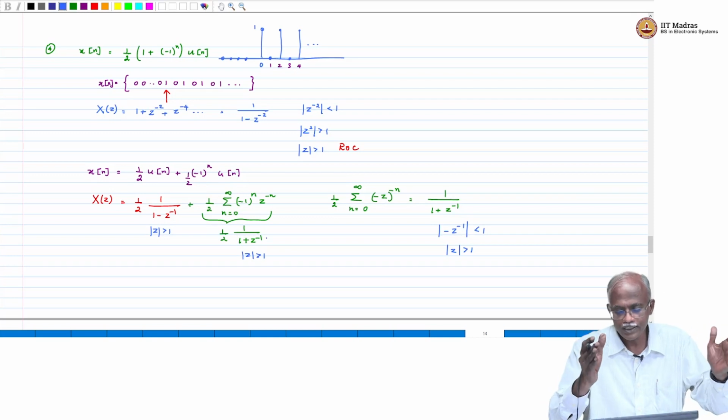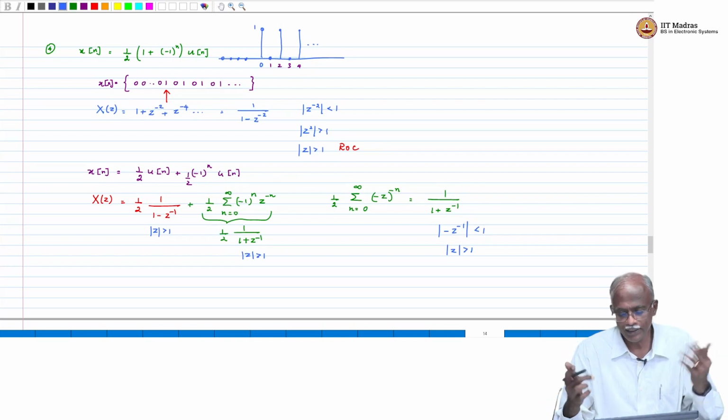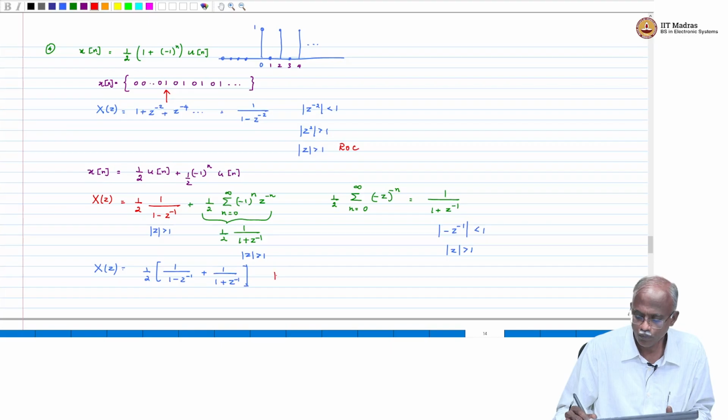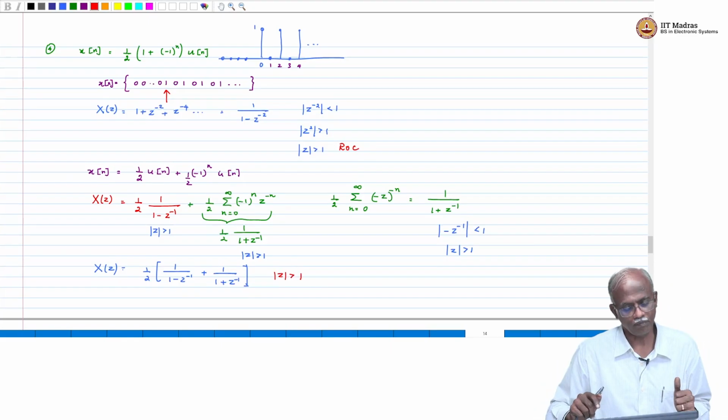Okay. Now, from this second way of looking at it, we can say that the x of z is 1/2 of [1 over 1 minus z inverse plus 1 over 1 plus z inverse] with a region of convergence mod z greater than 1. Are the two expressions the same?